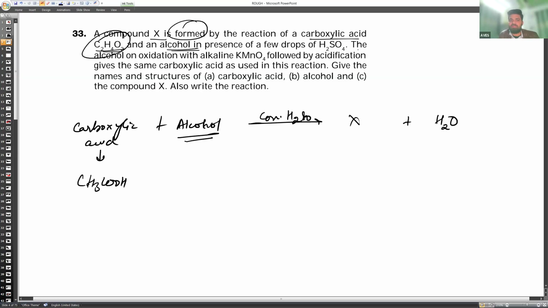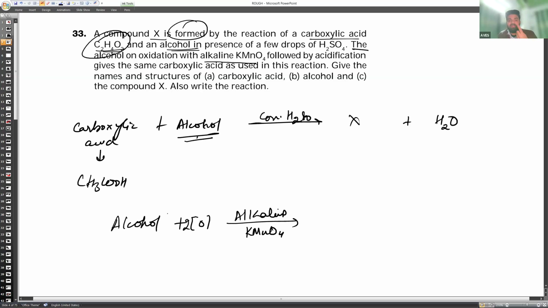Let's try to find out the alcohol from its oxidation with alkaline KMnO4. The alcohol used here, if it is oxidized in the presence of alkaline KMnO4, you know that alcohols on complete oxidation give carboxylic acid.